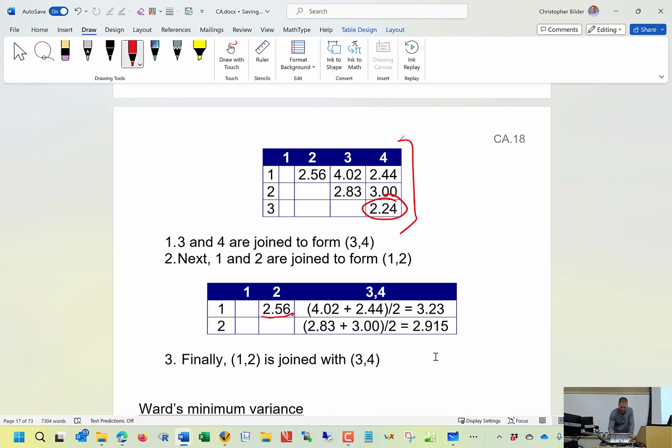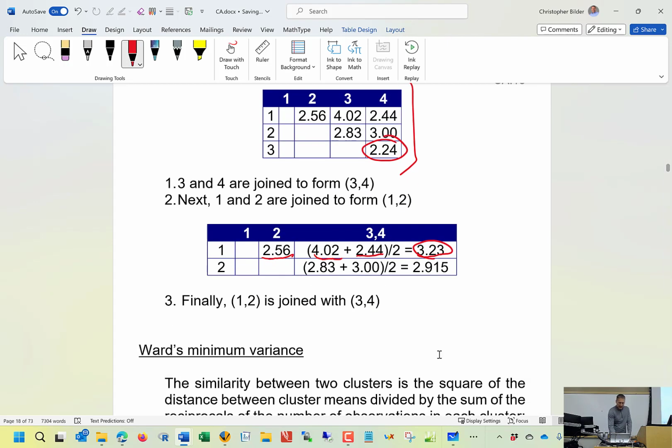For the distance between observation 1 and the cluster that has 3 and 4 in it, I find the distance between 1 and 3 and the distance between 1 and 4. The average distance then is 3.23. In a similar manner, I find the distance between 2 and the cluster that has 3 and 4 in it, and I get 2.915. Again, the smallest distance here is 2.56, so I'm going to join cluster 1 and 2 together.